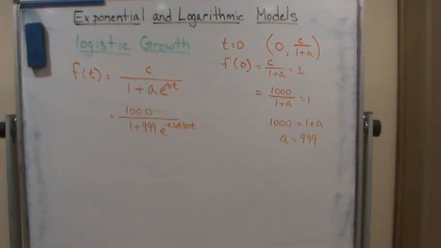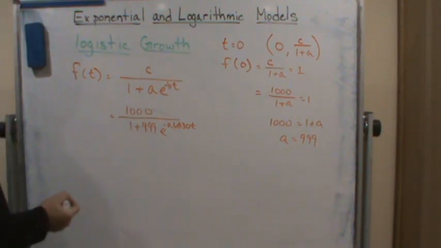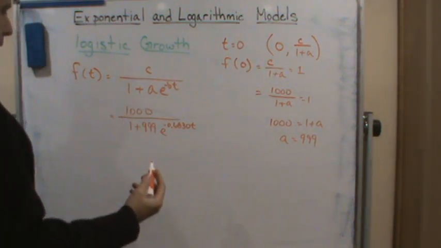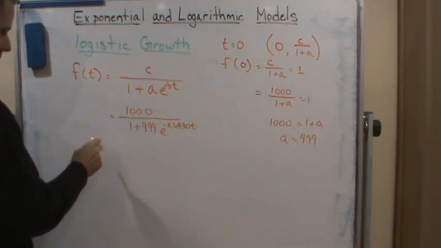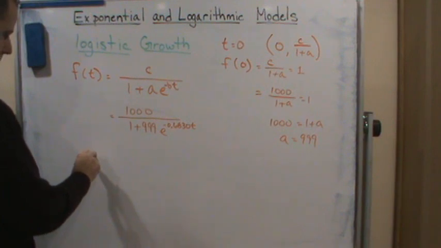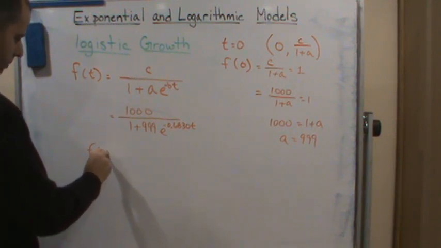Okay, now we want to know, estimate the number of people in the community who have had the flu after 10 days. All right, here we go. So now we want to know how many people, so we're going to solve for F, right? So let's solve for F of 10.